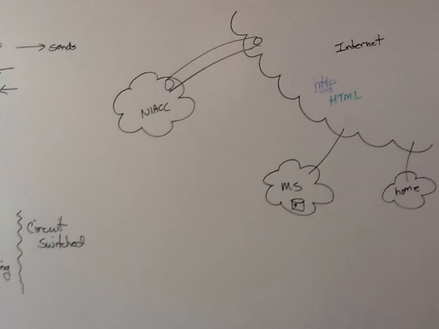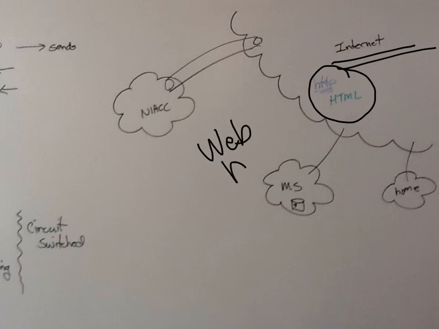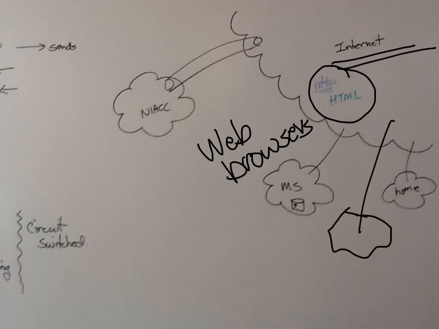I'll make this quick. The internet, HTTP and HTML, that ability to use web browsers, they use the internet. You can access websites on the internet without using a web browser.